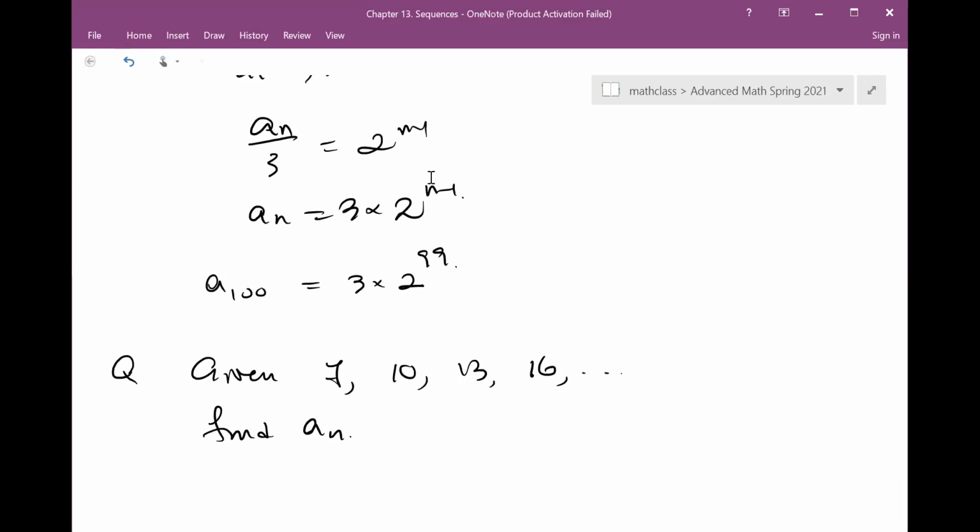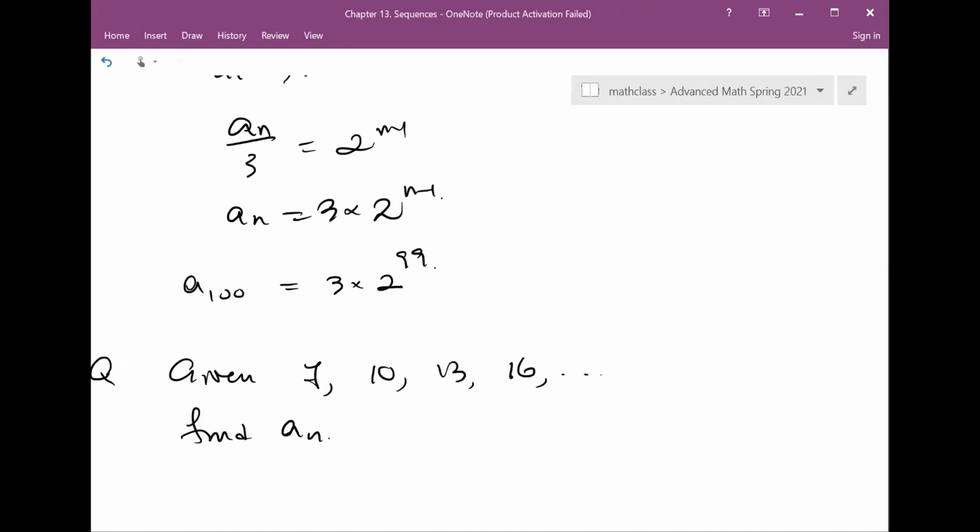So N minus 1. 3 times N minus 1. So when N equals 1, you get 0, right? Then you still get the first term.